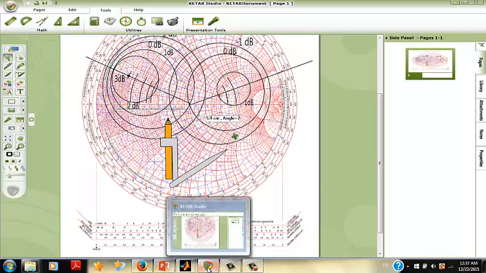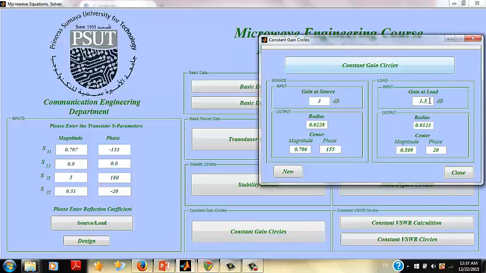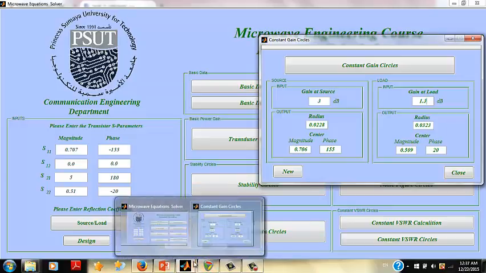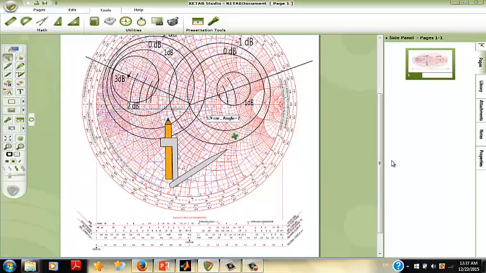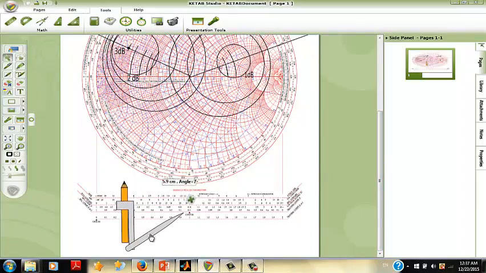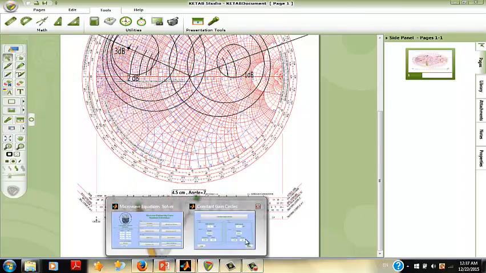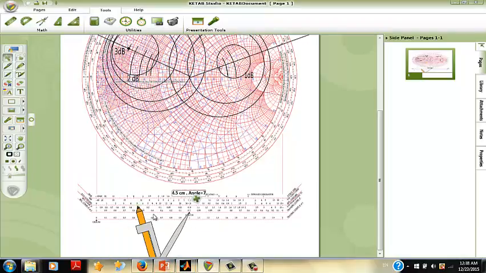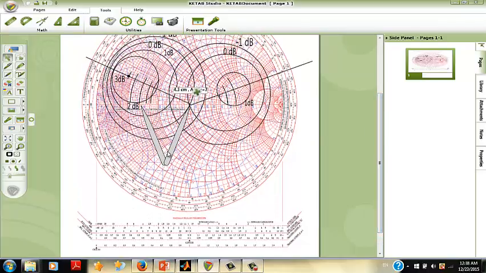We do that for the load, it's the same. This is the 1.3 dB.